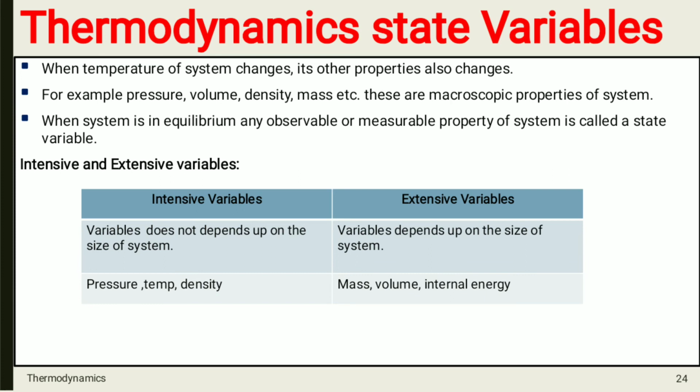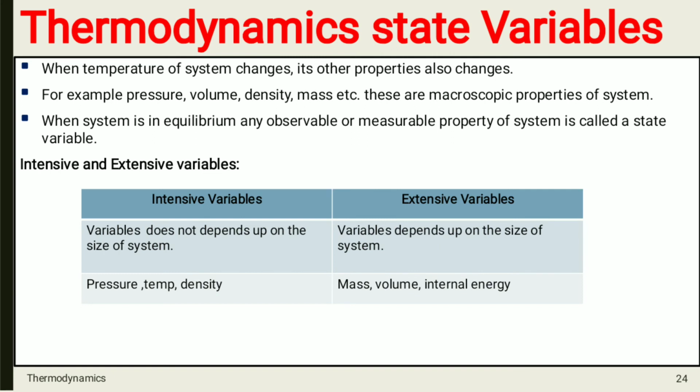As I have told you, when the temperature of the system changes, its other properties also change. For example, pressure, volume, density, mass, etc. These are the macroscopic properties of the system. When the system is in equilibrium, any observable or measurable property of the system is called a state variable.